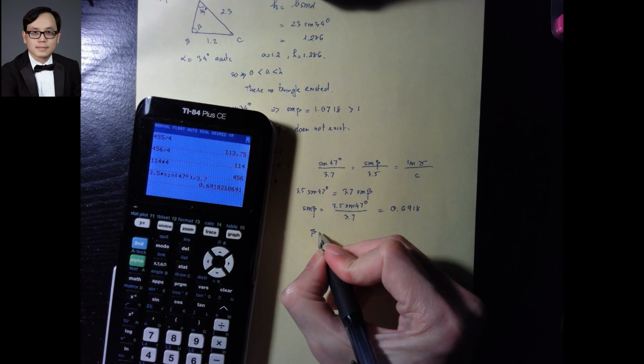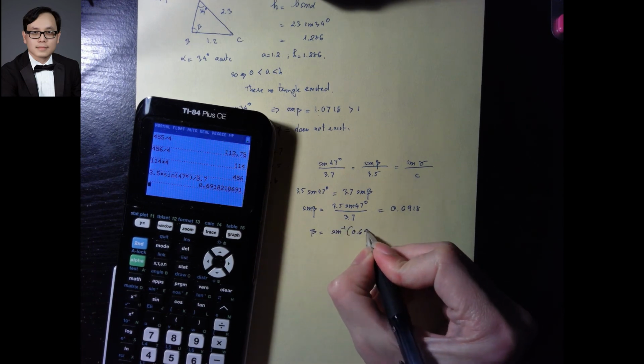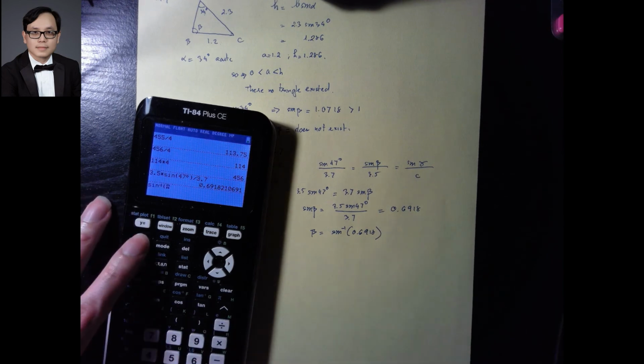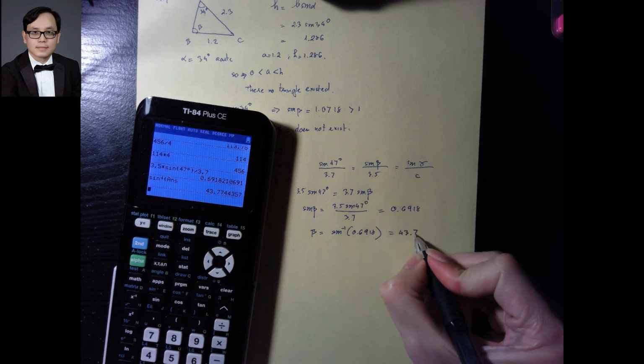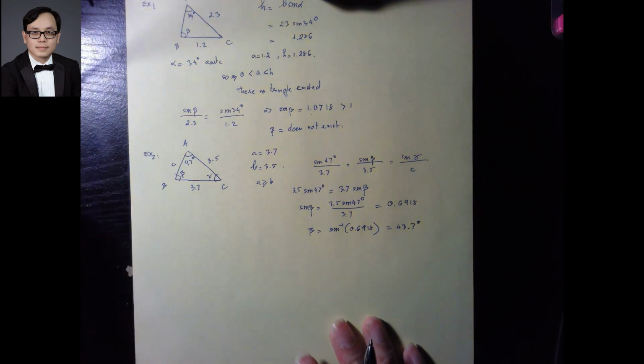Then you just need to take the inverse of 0.6918. Let's see if it works or not. I have 43.7 degrees.